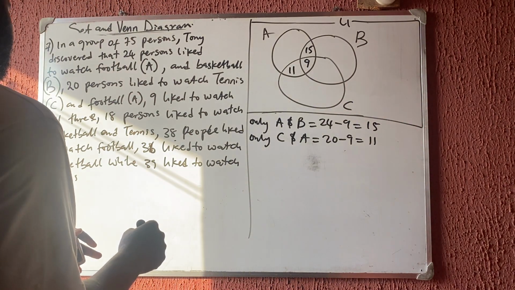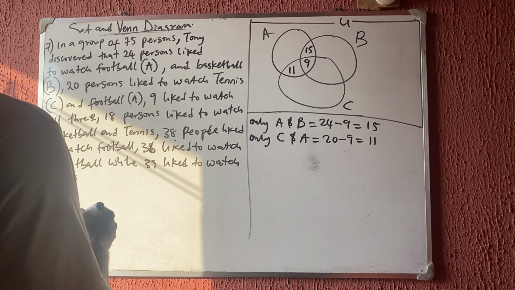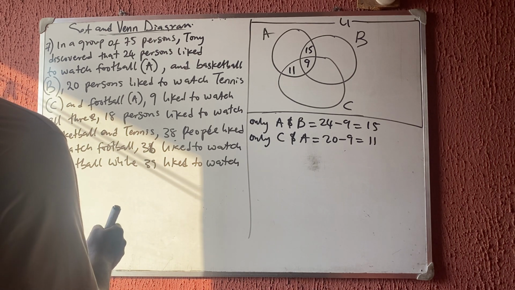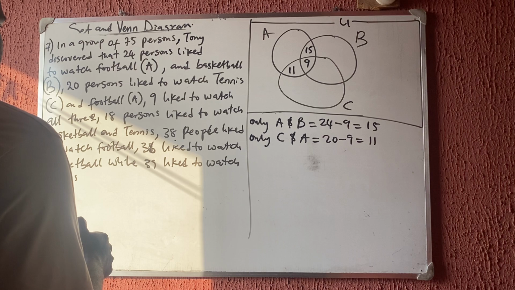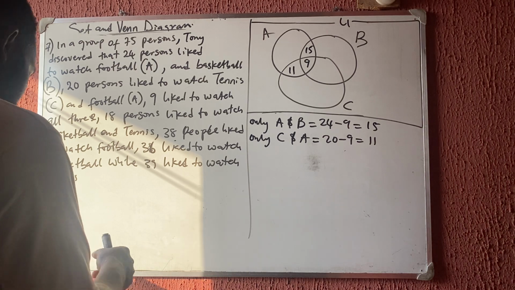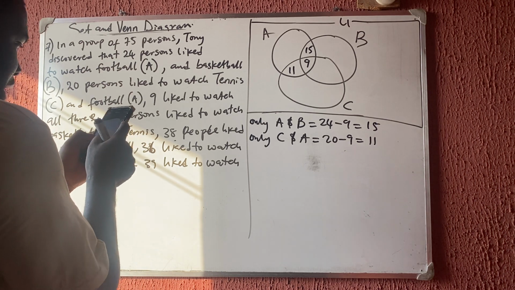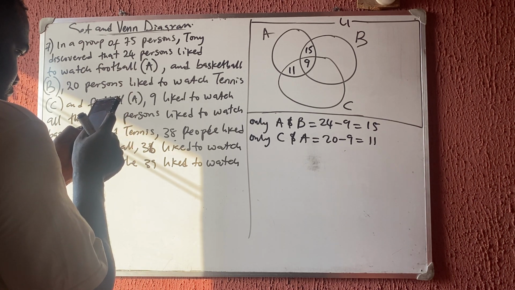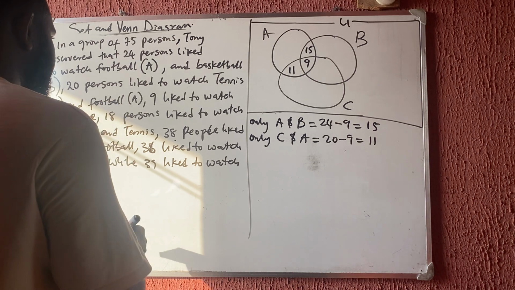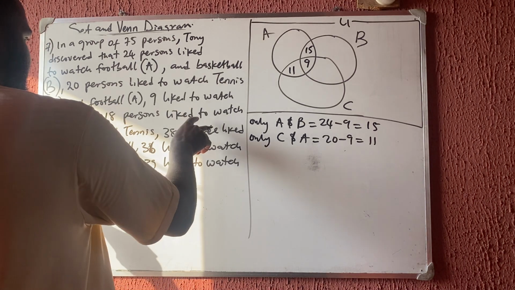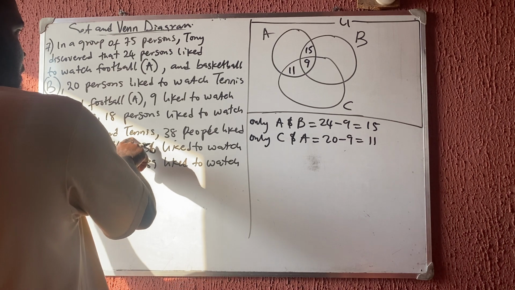So let's go on. Okay, let me look for where they say B and C. Is there any place they said B and C? 24 like A and B, 20 like A and C, 9 like the 3, 18 like table tennis and basketball.